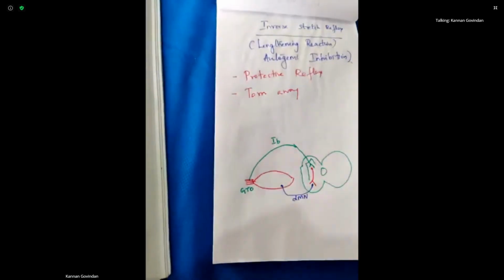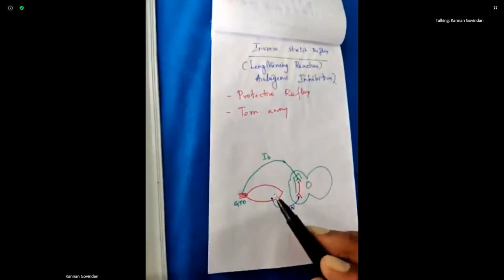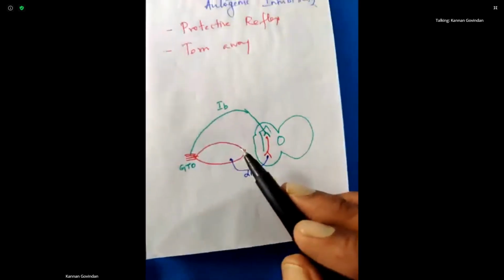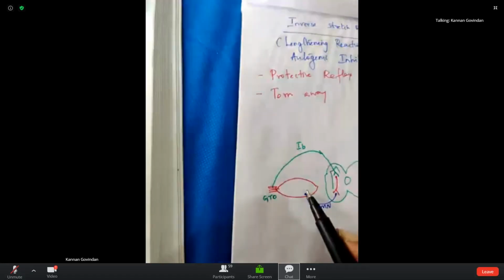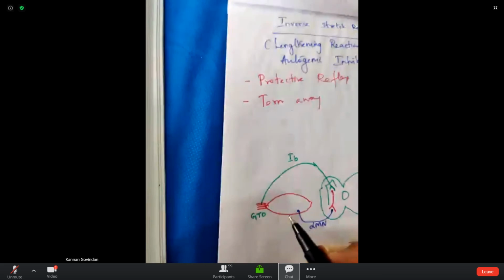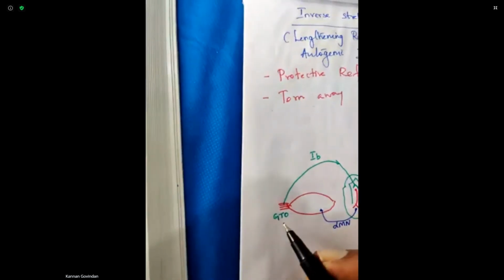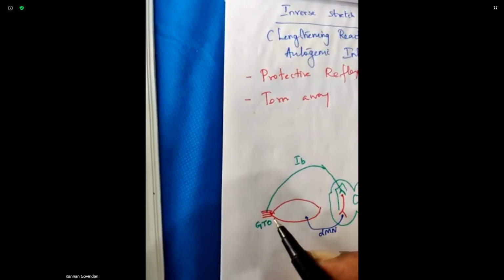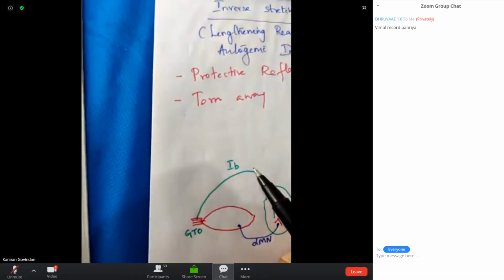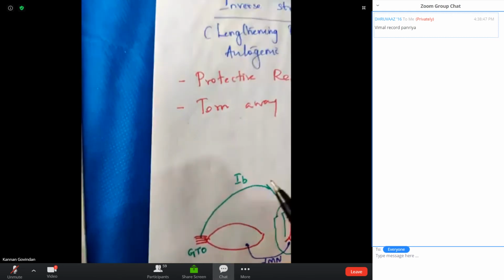Okay, as a continuity of stretch reflex, whenever the muscle is stretched, the muscle goes for contraction. Whenever the contraction is strong, there will be increase in tension. This increase in tension will be sensed by Golgi tendon organ. Whenever the Golgi tendon organ is activated, there will be increase in firing in type 1B fibers.